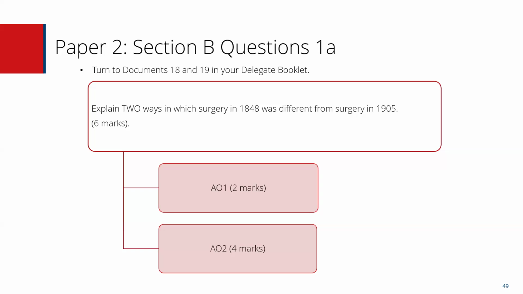So this is different, with support from both periods. So if they've said what was different and given support from both periods, they've done what they need to do. Okay, so that's the mark scheme for question A there.